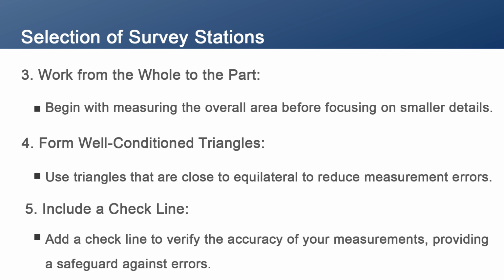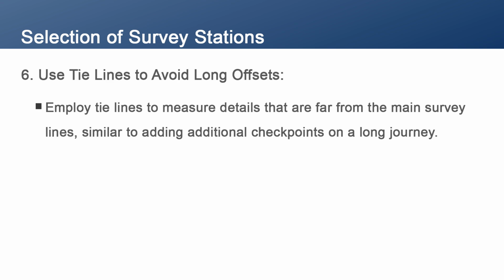If you have a triangle, add a check line to ensure that everything lines up correctly. Next, use tie lines to avoid long offsets, meaning if you need to measure details far from your main survey lines, tie lines act like additional reference points to keep everything accurate, like adding more checkpoints on a long journey.